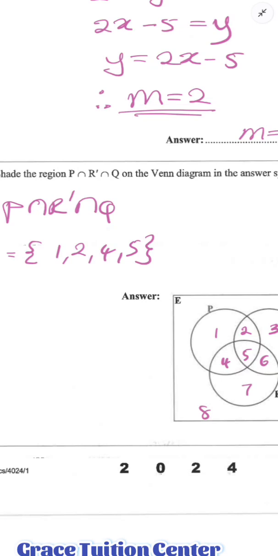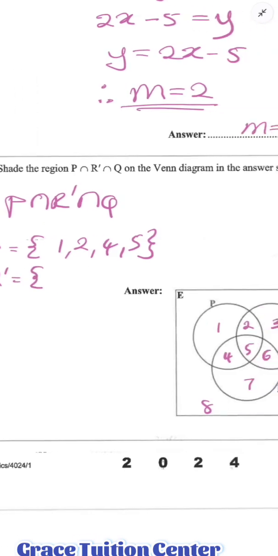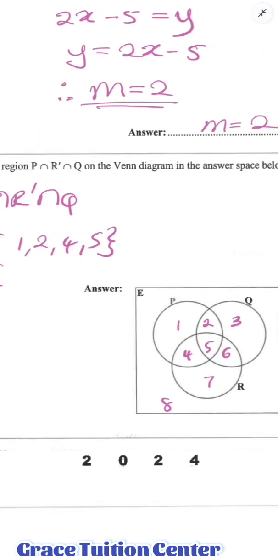Then the next one, let's list R complement. R complement means that from your universal set, this whole square here, remove everything that is in R. What is going to remain? That's what R complement means.